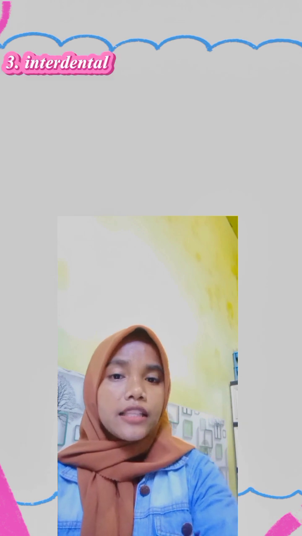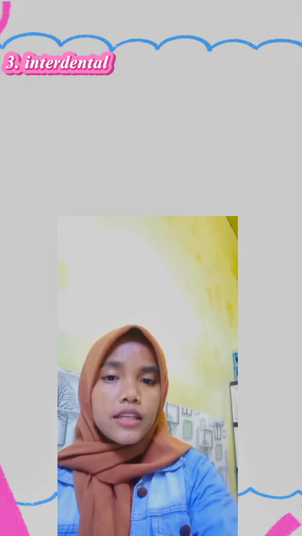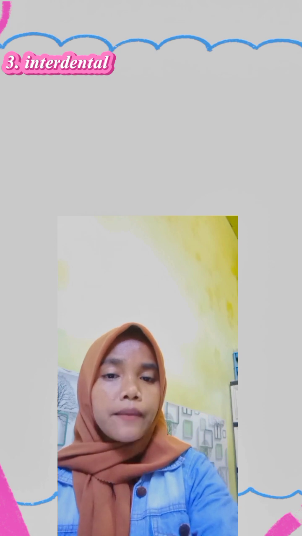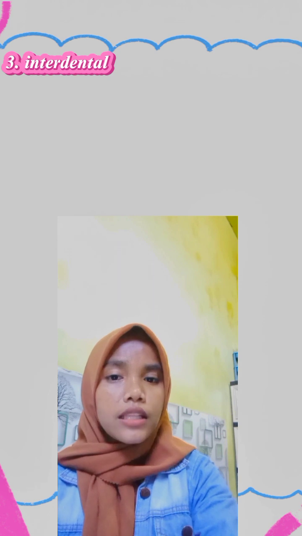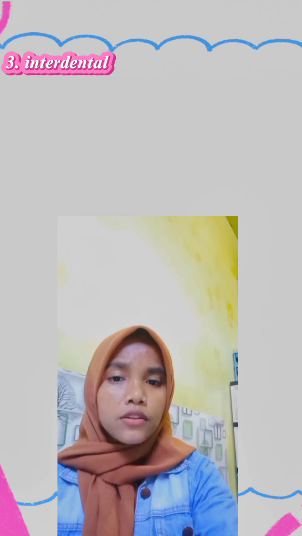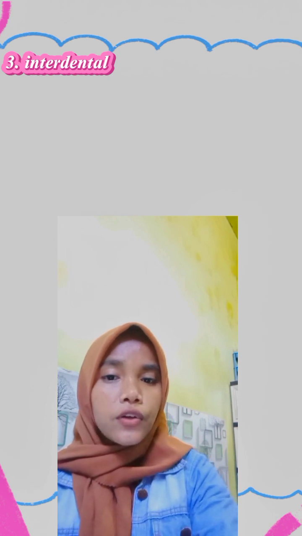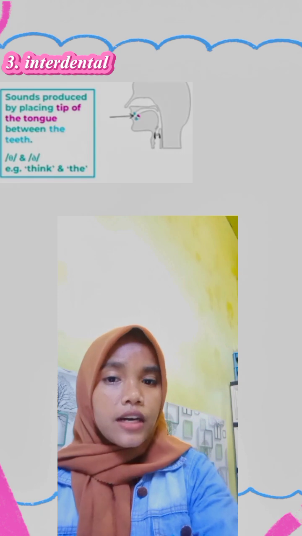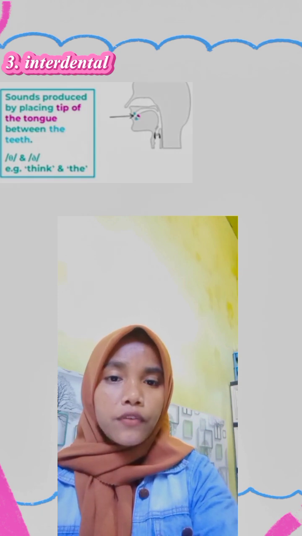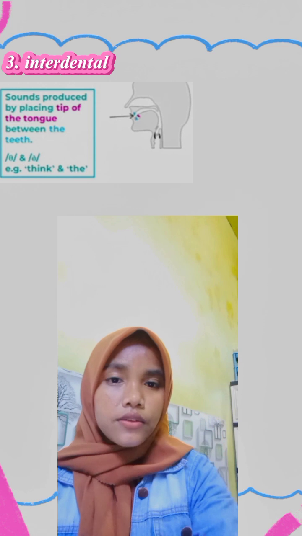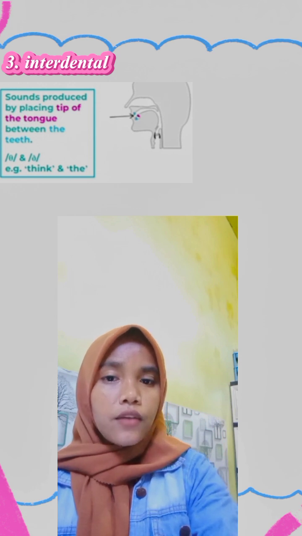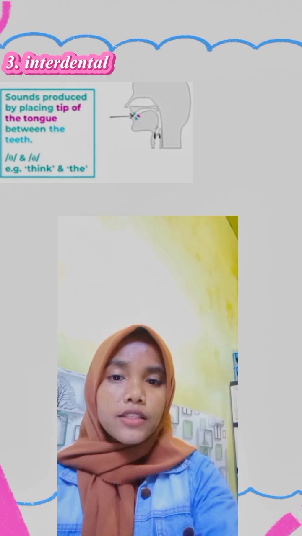Number 3, interdental. Sometimes also just dental. Here both the upper and lower teeth are involved, as you can see in the diagram, and the tip of the tongue. The sounds are produced by placing the tip of the tongue between the upper and lower set of teeth, and we do this for the two th sounds in English.